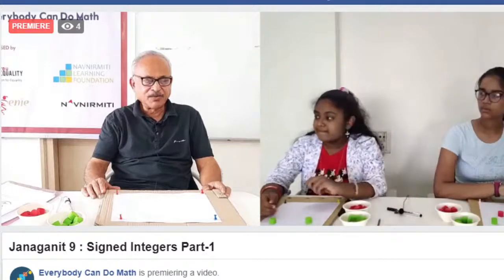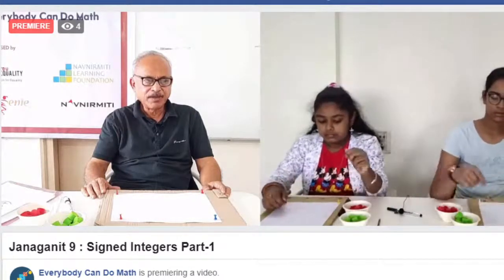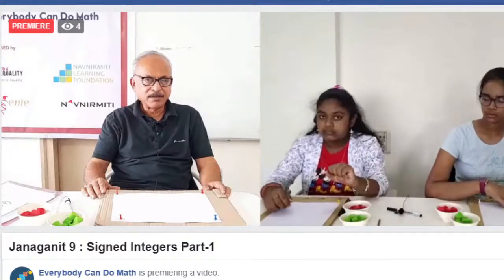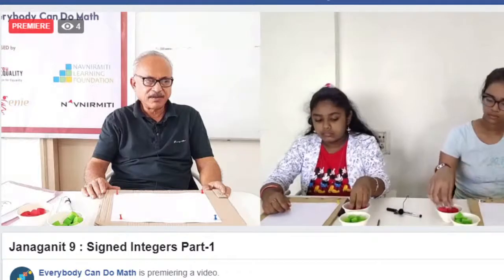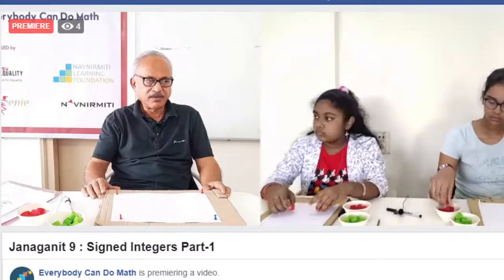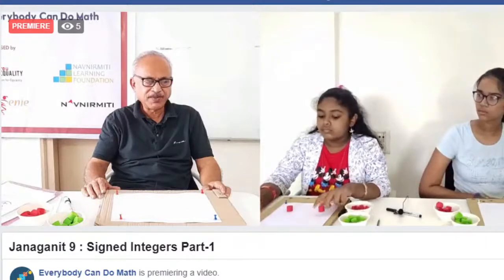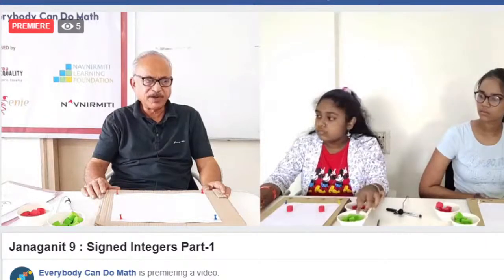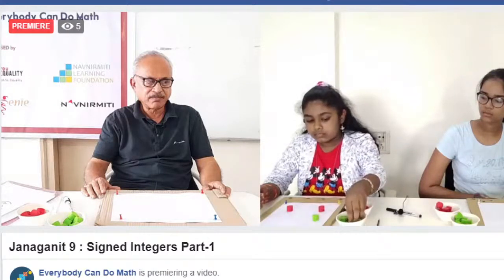Okay, let's do one more example. Clear your accounts, make your account 0. Now you take 2 red plugs. Gyan Jyoti, Nandita, you don't do it. Gyan Jyoti, you take 2 red plugs and 4 green plugs.